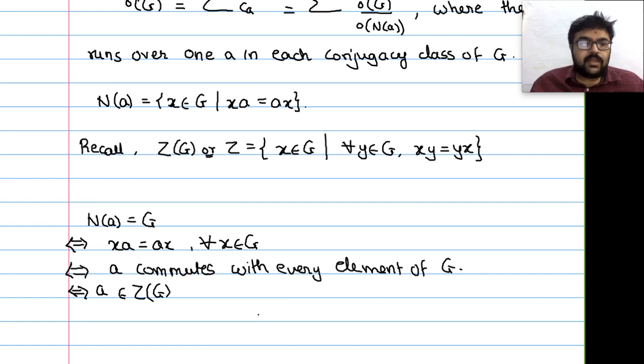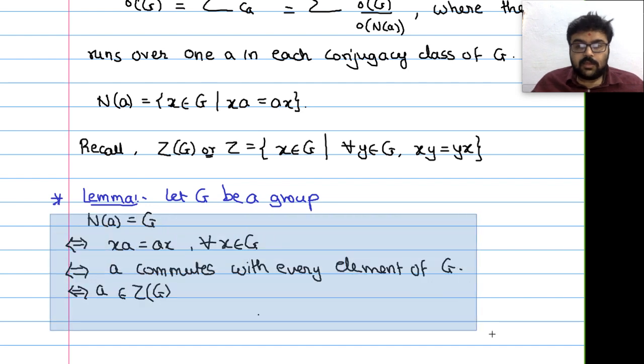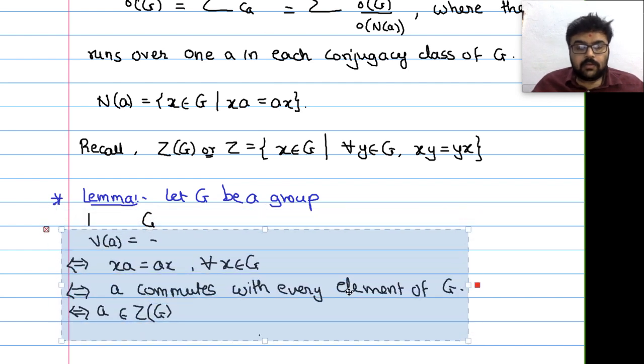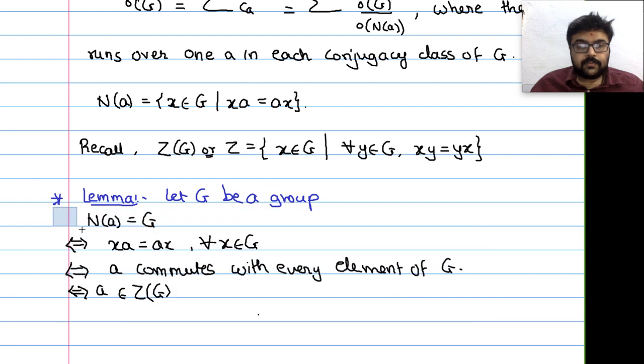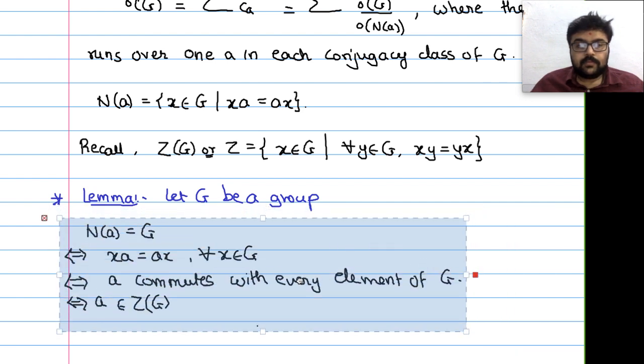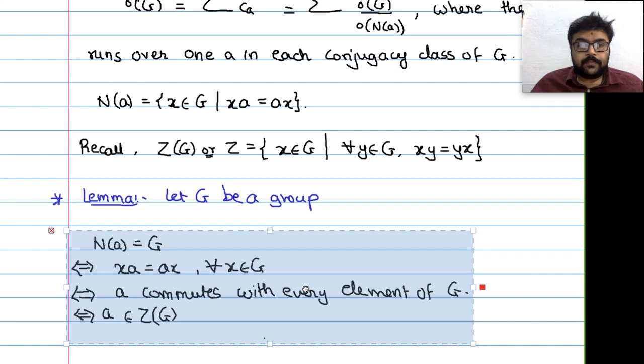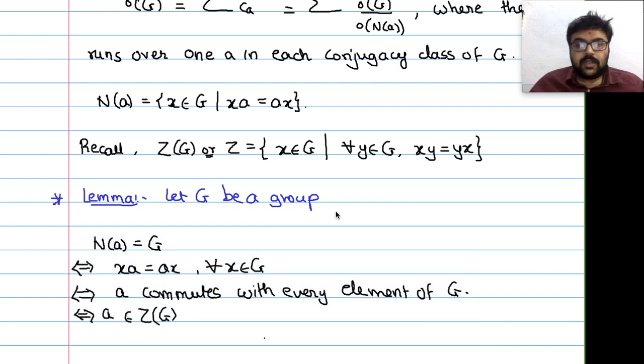So what we have, let me state as a lemma. It's a short result. So let G be a group, and A be a fixed element, right?